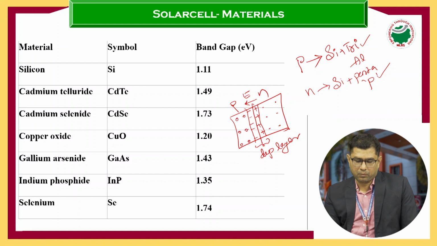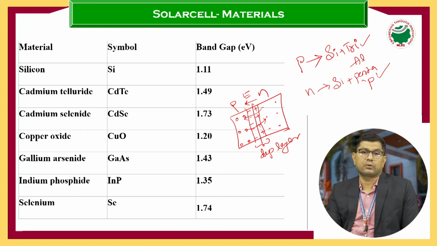So, in order to move holes to this side or electrons to this side, you have to supply additional energy. This is about the PN junction diode formation. In our case, we use this PN junction diode to convert solar energy into electrical energy. How it works, that I will discuss.